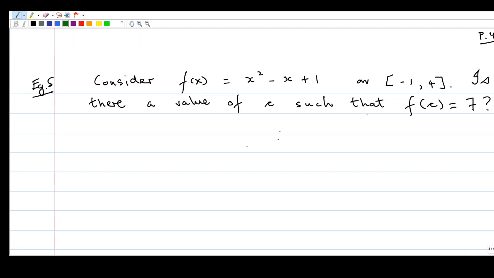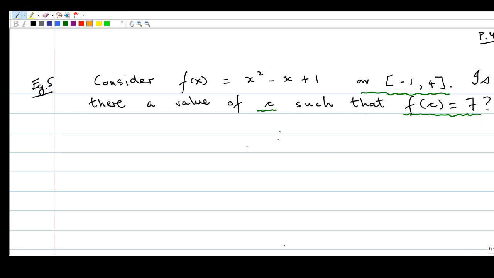So we're looking at this on the closed interval from -1 to 4, and we want to know whether there is a value c such that f evaluated at c is equal to 7. In this case, it's a quadratic function, so there are different ways of answering it, but you could be given a cubic or even a fourth degree polynomial equation. So the general way to approach this using continuity will be as follows.